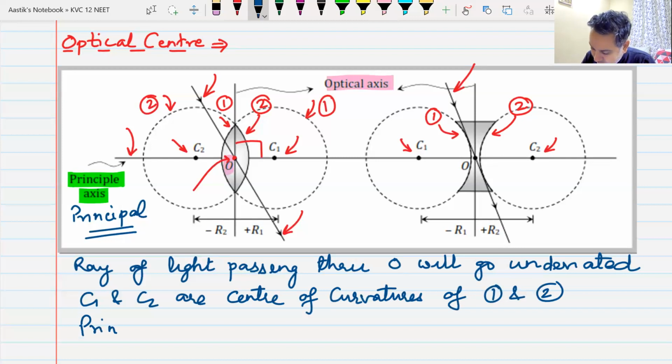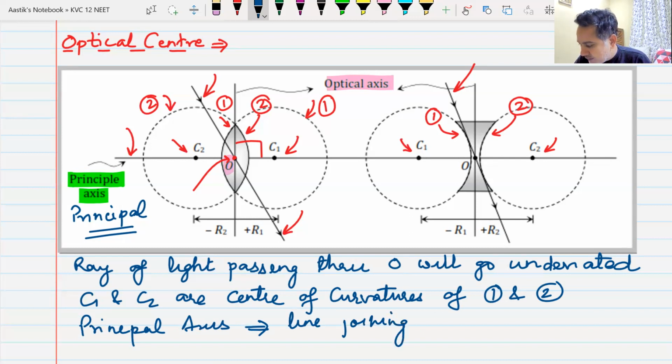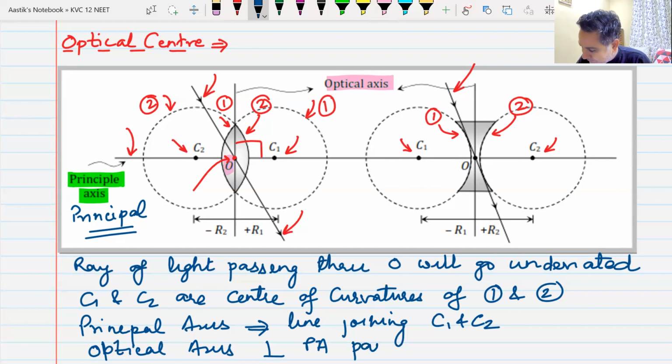Principal axis is a line joining C1 and C2. Optical axis is perpendicular to the principal axis, passing through O. Do we understand this?